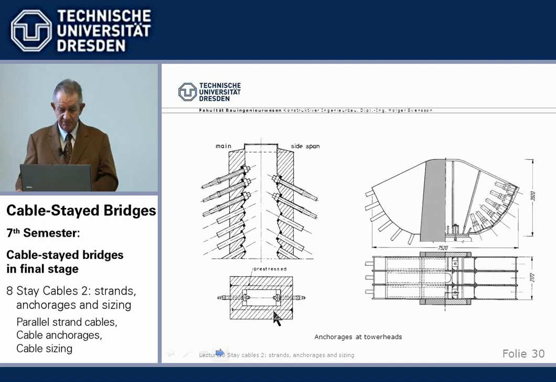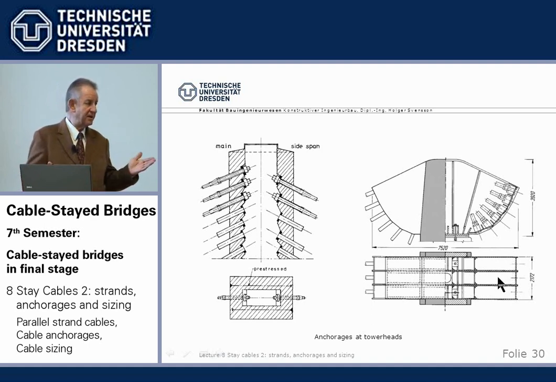That can be done more sophisticated, I'll show you later. If we have a steel tower head, we anchor the stay cables between some longitudinal plates, two or more, and then we just have to shift the force over crossbars here into the plates.